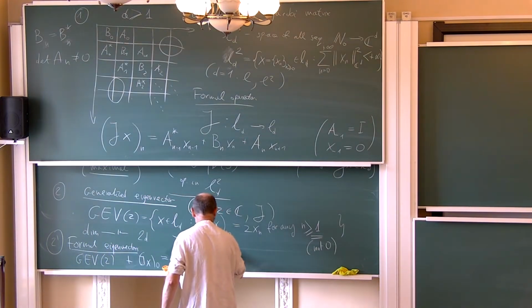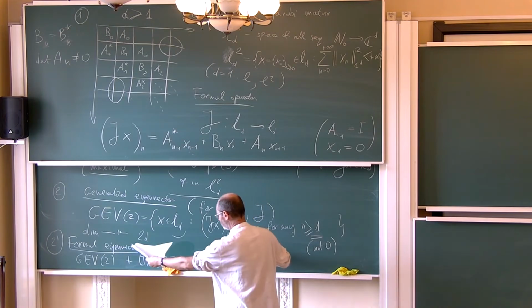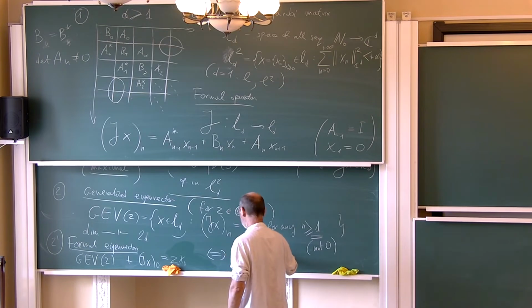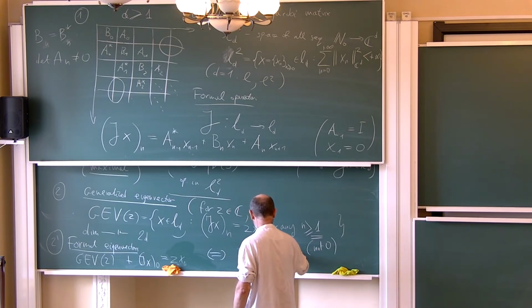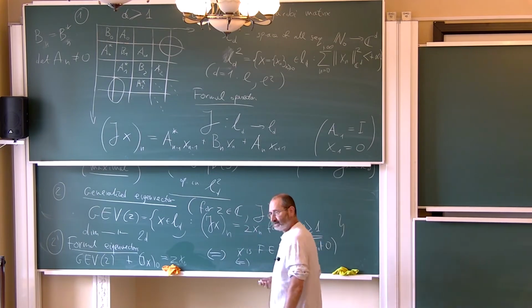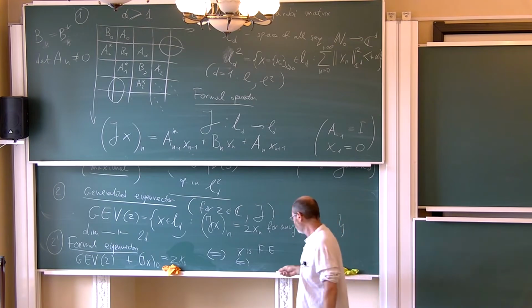This is equivalent to saying that x is a formal eigenvector if and only if it is an eigenvector of the formal operator.